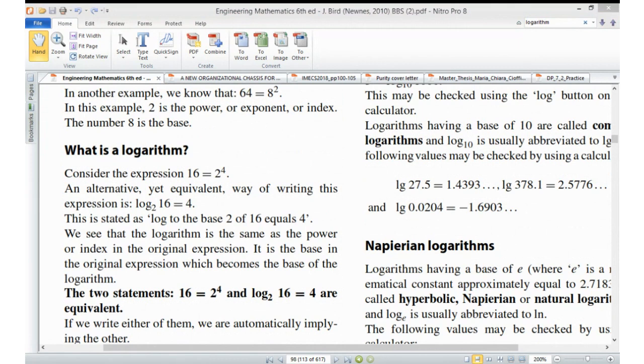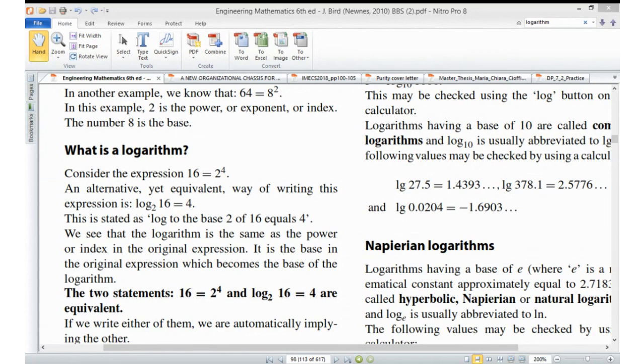Remember the concept of the base. So if you're given 16 is equal to 2 raised to power 4, in the form of logs, our answer, which is 16, if we introduce logs, we'll call it log 16, then base 2 is equal to 4, meaning the base raised to the index gives us this.